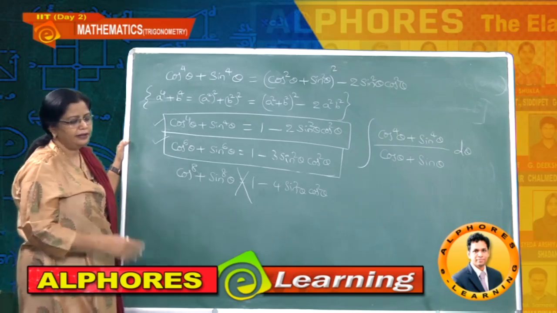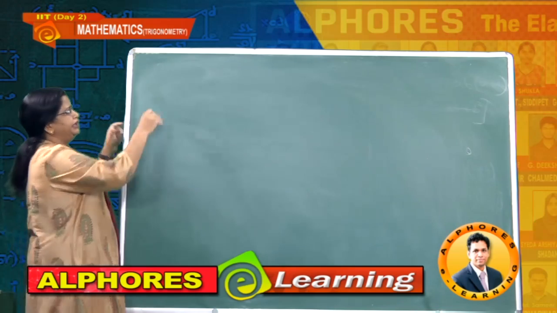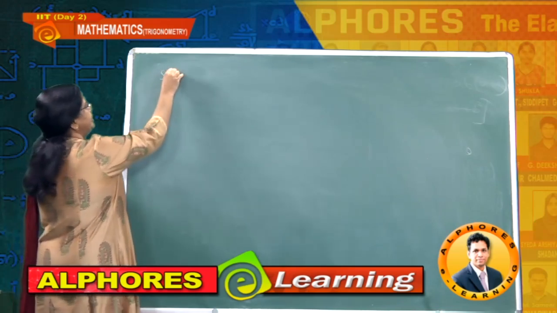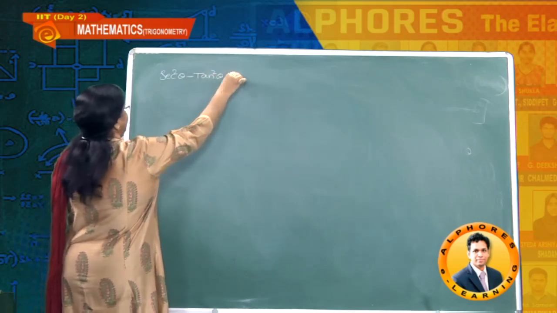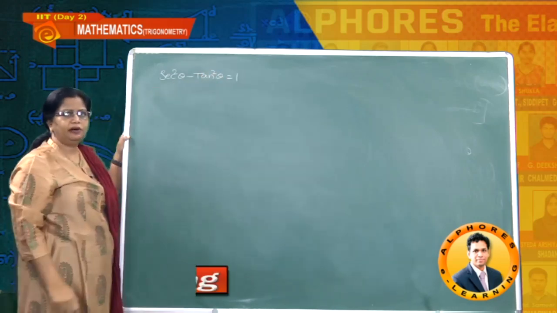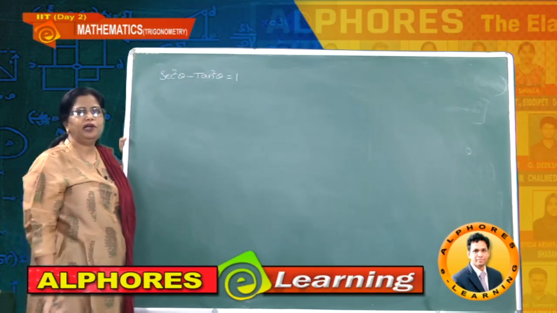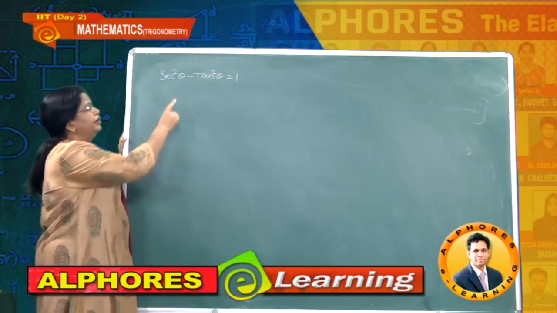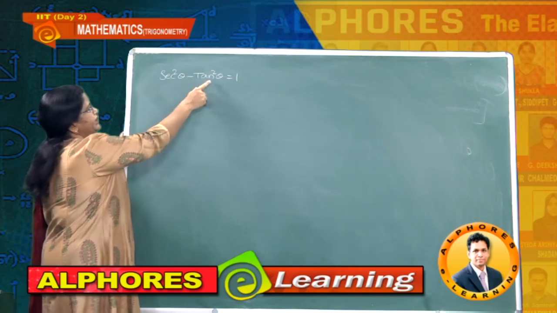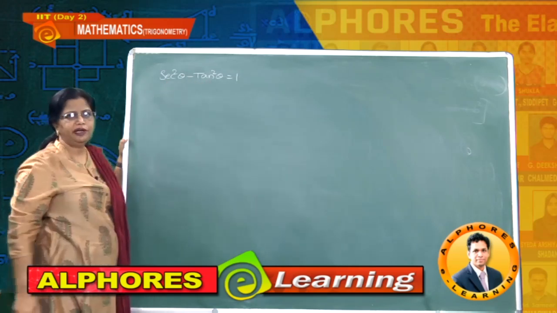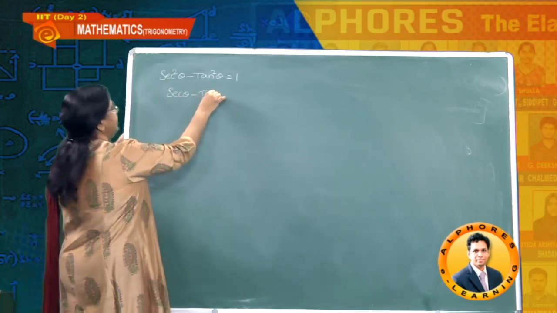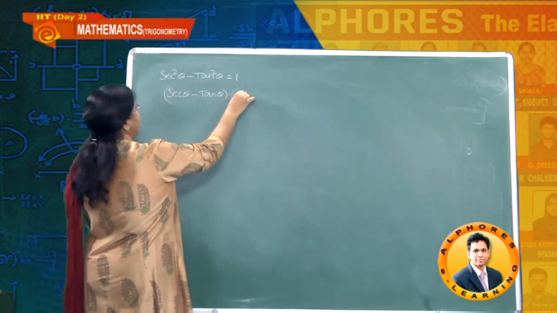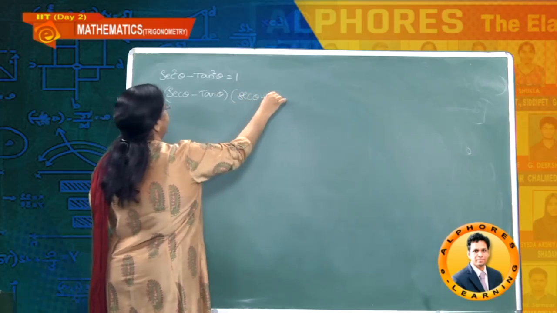You can take these formulas, right? Next, another identity. Yesterday we observed secant square theta minus tan square theta equal to 1, where theta can take all real numbers except odd multiples of pi by 2. Now from this, you know a square minus b square equal to 1, so I can write this as (secant theta minus tan theta) into (secant theta plus tan theta) equal to 1.